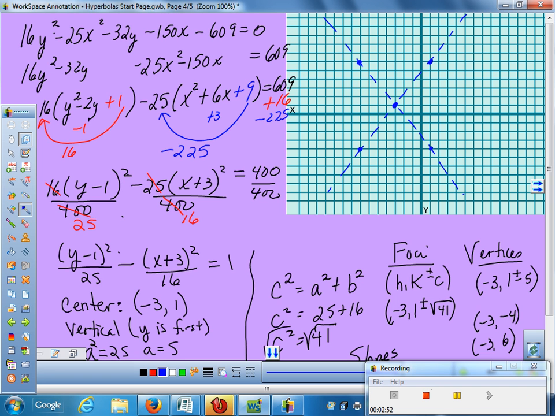Okay, last but not least, I got to get the curves on there. It said plot the vertex, because the base of the curve, where the curve bends, is the vertex. Which letter gets me to the vertex? A gets me to a vertex. A is 5. So am I going up and down 5, or am I going sideways 5? Which way does this hyperbola go? It's vertical. Since the y's are first, going up and down 5.